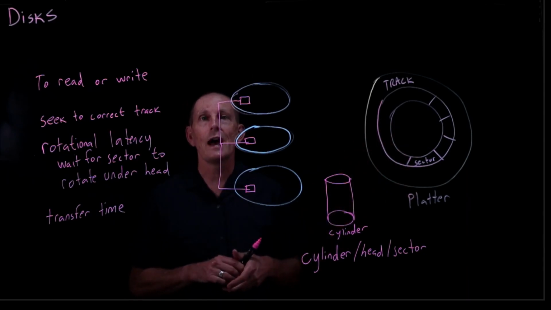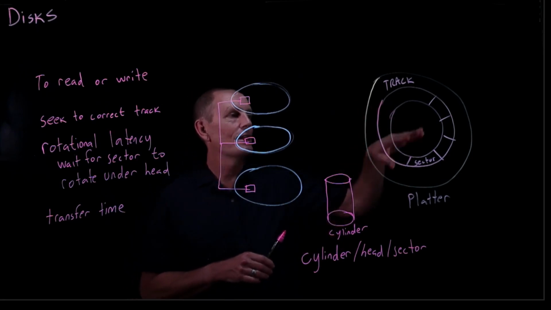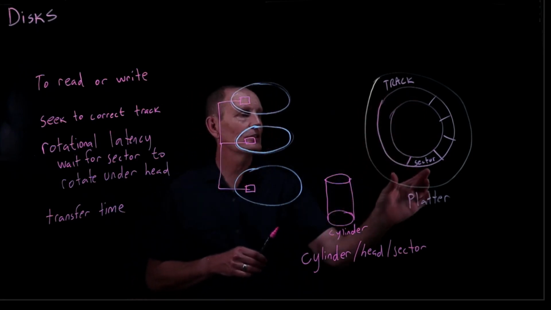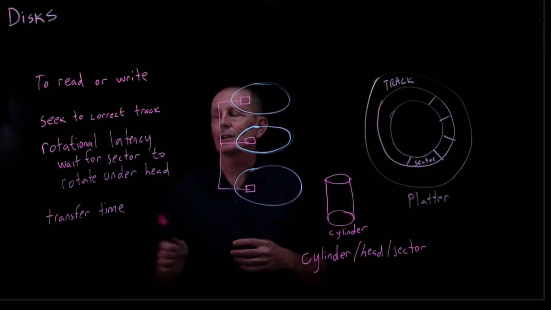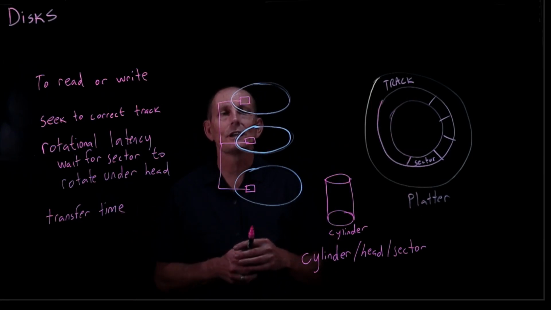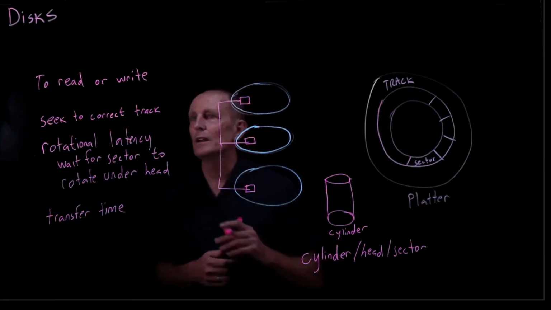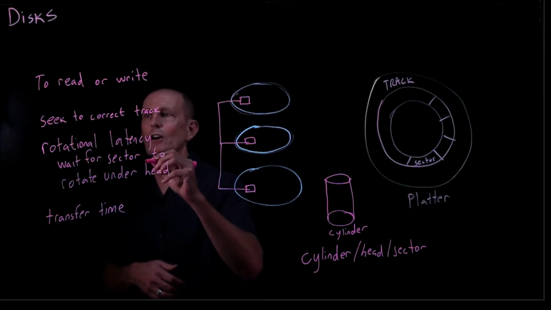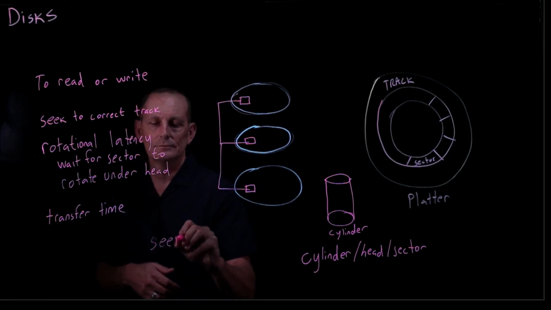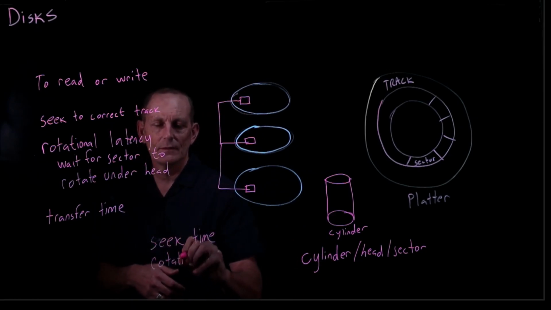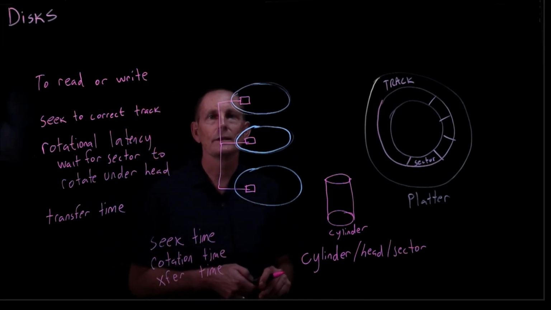Also, if we have a drive that has particularly high density of media so that the sectors are narrower, that could decrease our transfer time. But these are the 3 elements of cost: we have seek time, rotation time, and then we have the transfer time. Always keep those in mind.